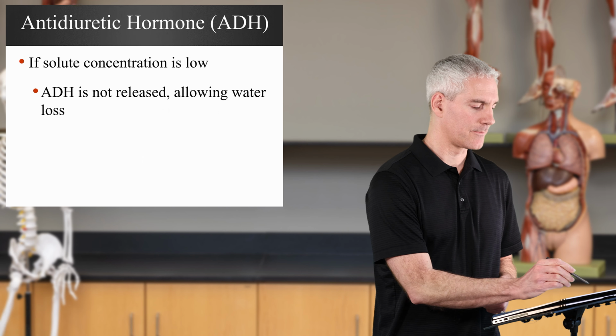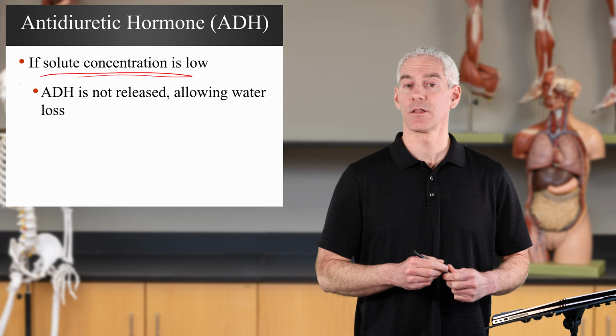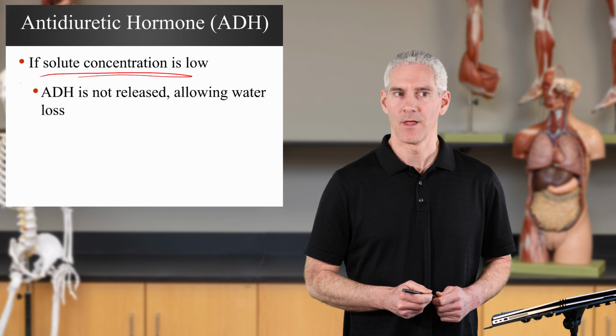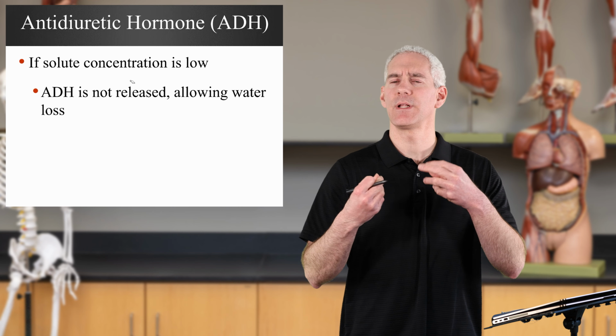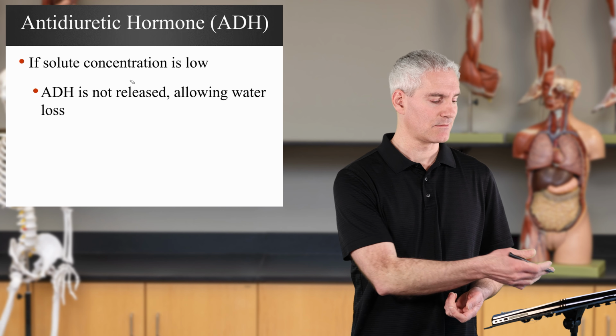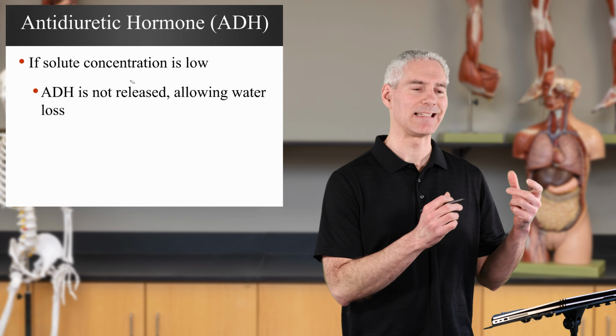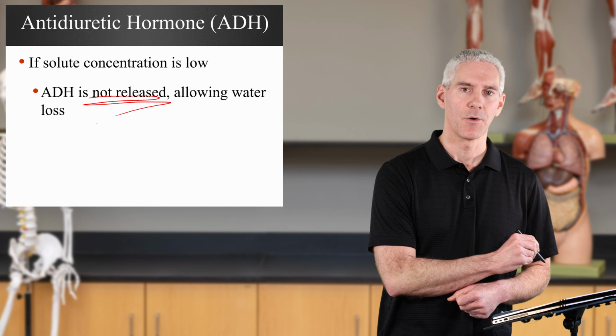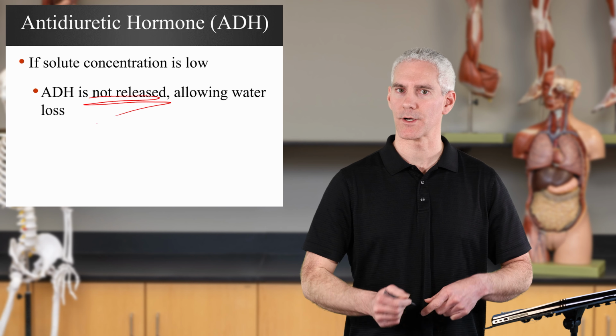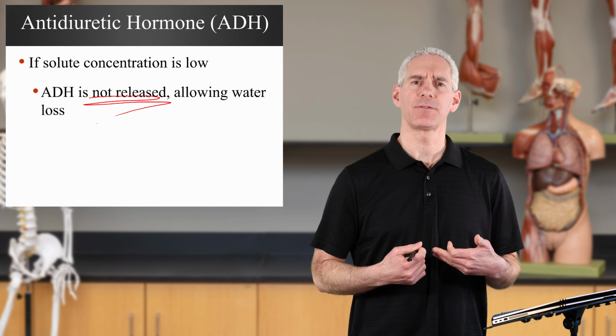But on the flip side, say the concentration is low for solutes. Well, if your concentration is low, that means you have plenty of fluid intake. In this case, antidiuretic hormone is not released. It's not released because you want to flush water out. You have plenty of fluid in your body.